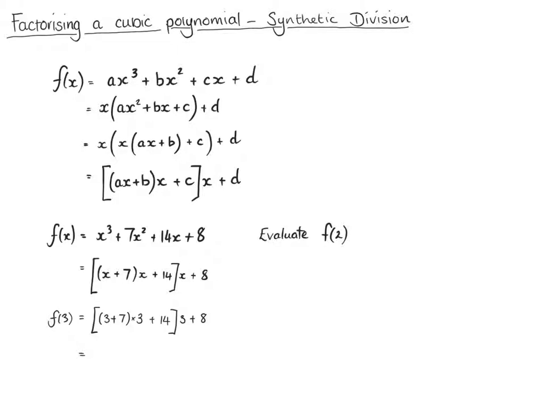When we do that, we're going to end up with 10 times 3 plus 14, which is 30 plus 14, which is 44, times 3 plus 8, which gives us 140, right?